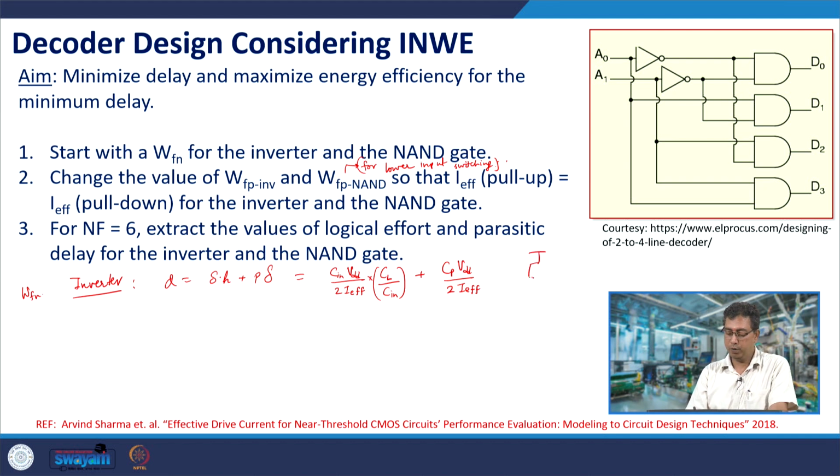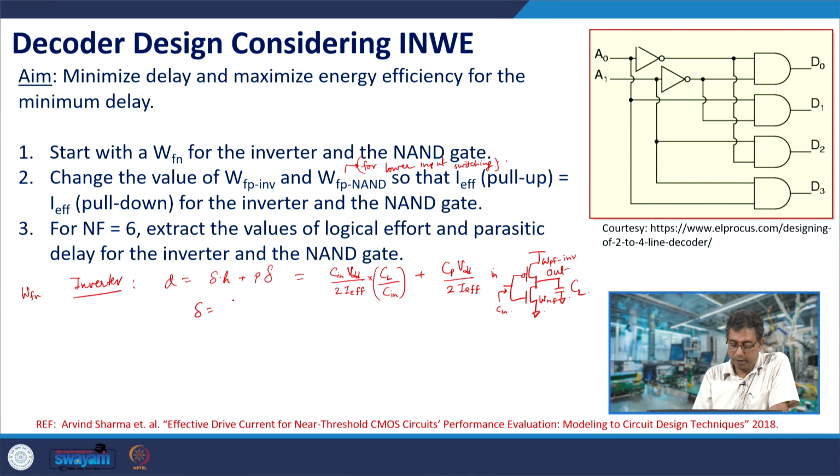We have a scenario where we have this inverter. This is the input capacitance C in. What is the value of delta here?